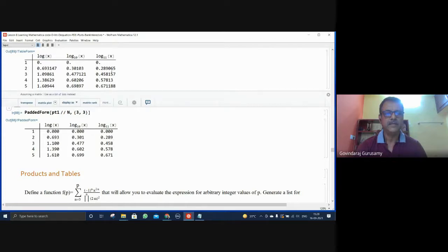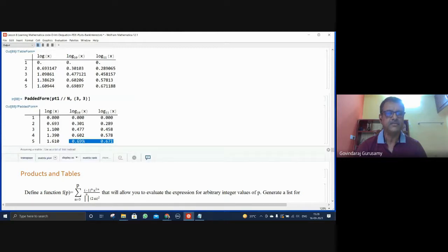The fourth digit is not greater than 5. Is there anything where the fourth digit is greater than 5? No. Here the fourth digit is greater than 5, therefore you see 0.699. It's approximated that way. And here, the fourth digit is greater, so 1.098 instead of 98 becomes 99. 1 point.